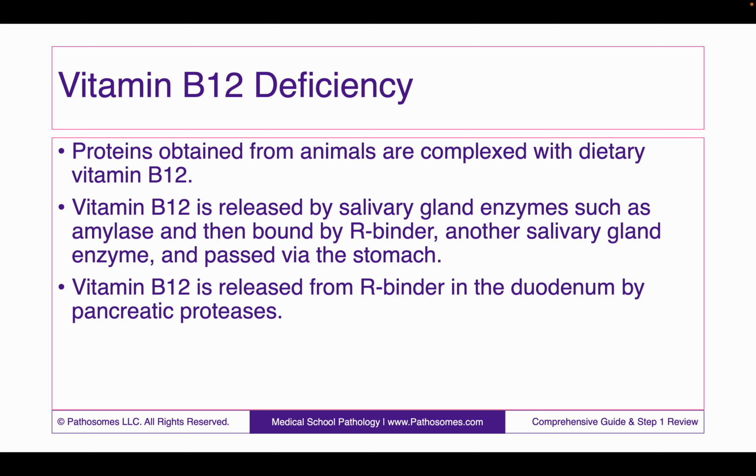Causes of vitamin B12 deficiency include pernicious anemia, veganism, pancreatic insufficiency, and terminal ileum damage. And all of those should make sense, right? Because with pernicious anemia, there's no development of the intrinsic factor, can't absorb B12.